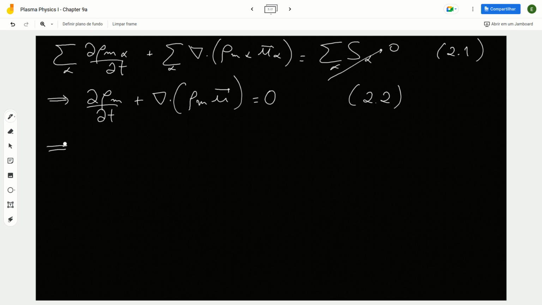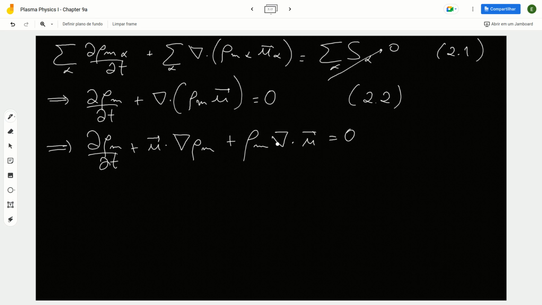And this, we can employ the product rule here for this divergence and rewrite it like this. Or you can merge these two terms into one single term using this material derivative symbol.